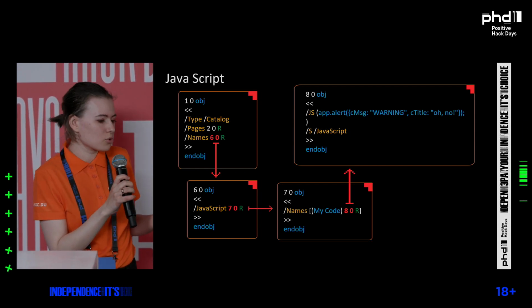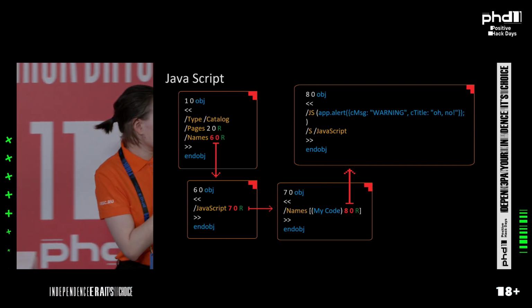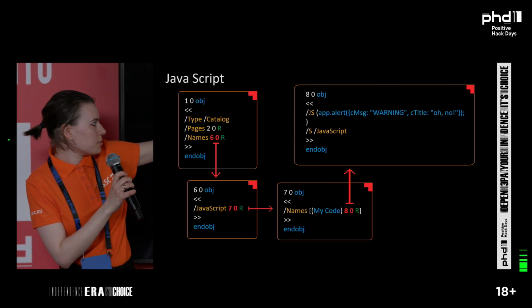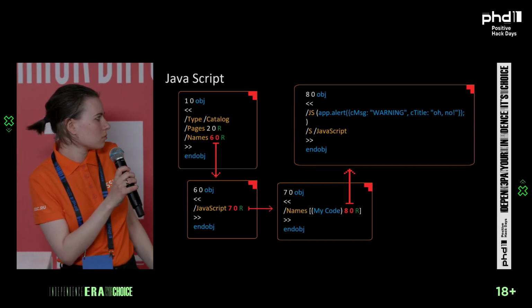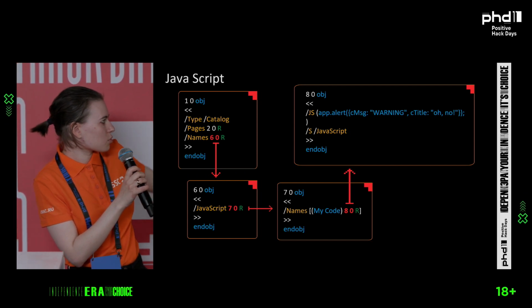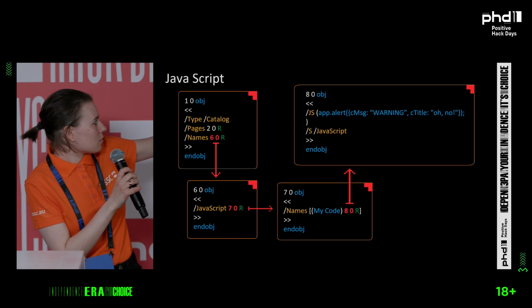JavaScript can be added there anywhere, anywhere where an action is conducted. This is what it looks like: the type of action, JavaScript, and with JavaScript we add a very simple alert script, like we've all seen.